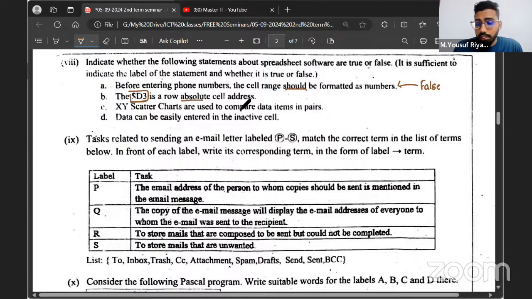No, it is in front of the column name. So this is called a column absolute cell reference, not row absolute. So this is again false. Row absolute looks something like this.